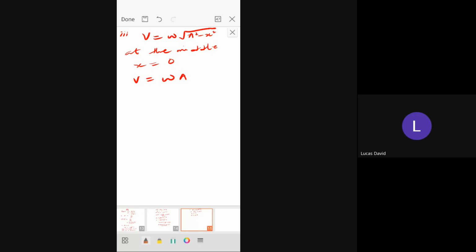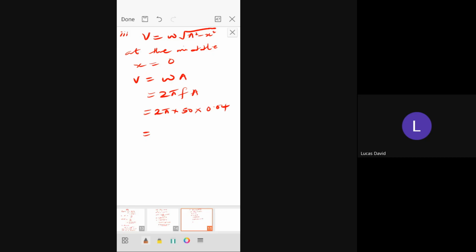So where a is 0.04, and of course, your omega is 2 pi f. So this is 2 pi multiplied by frequency times the amplitude a. So this is 2 pi times frequency, which is 50, then times 0.04. And 2 times 50, that will give us 100.